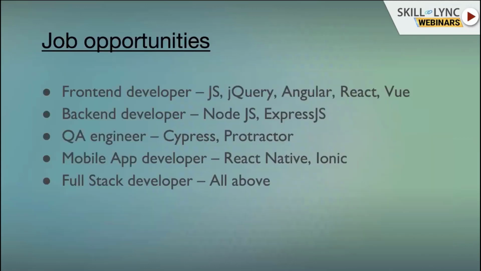So I'll quickly go to the job opportunities that we have. As I show in the chart, you have the front-end developer role. The front-end developer basically uses technologies like JS, jQuery, Angular, React, and Vue. Now if you see in the market, Angular and React are used by so many people. So what are Angular and React?